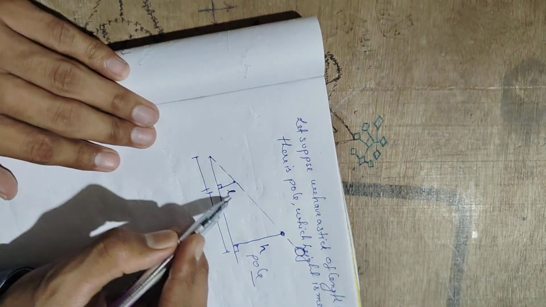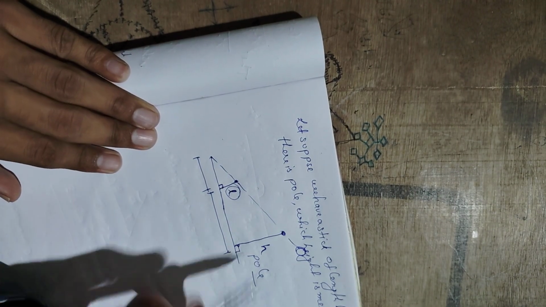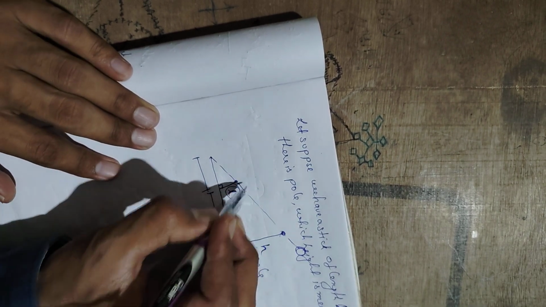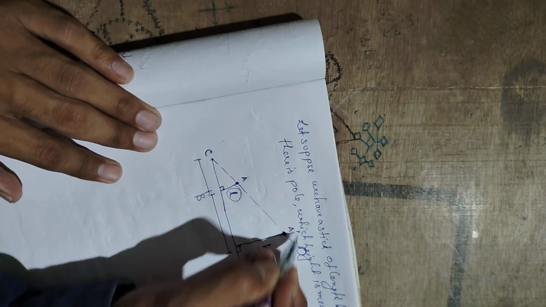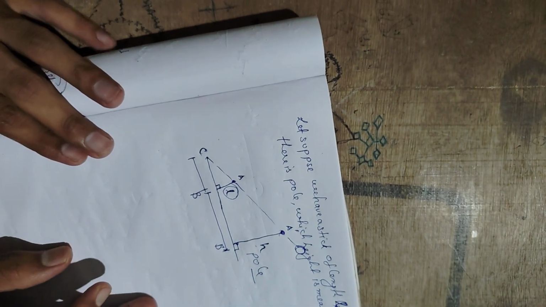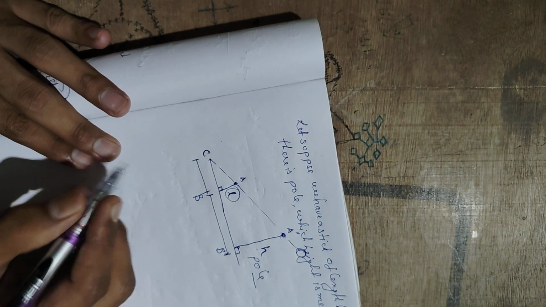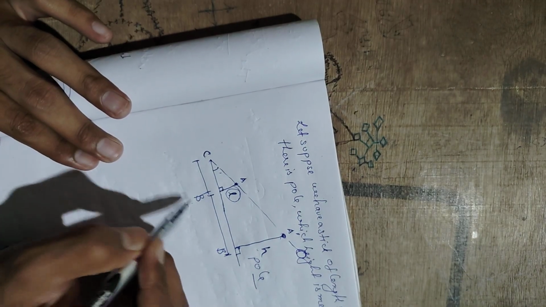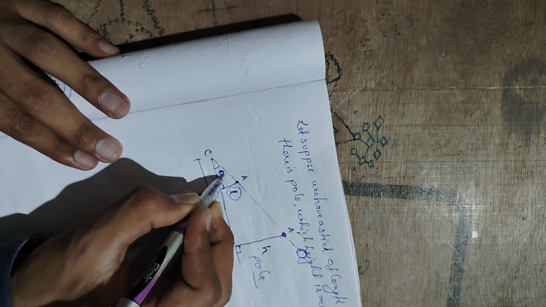Overlap doesn't mean that they have the same length. It means that the end point of length L overlaps with the end point of H. Now for simplicity we can call them A, B, C and A dash, B dash, C. This angle is the same in both triangles.